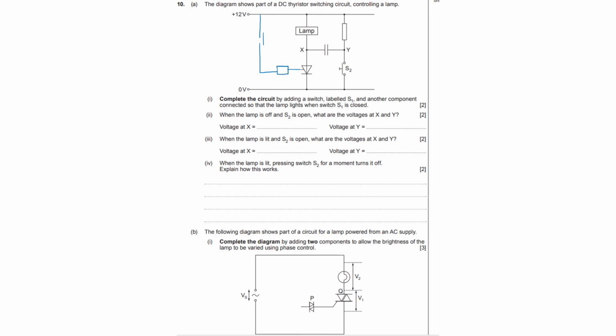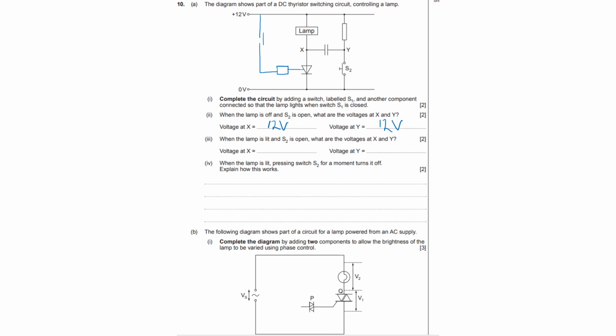When the lamp is off and S2 is open, what are the voltages X and Y? If the lamp is off, all the voltage is across the thyristor, so it's going to be 12 volts. And then obviously the voltage at Y would also be 12 volts because S2, if it's open, will have an infinite resistance.